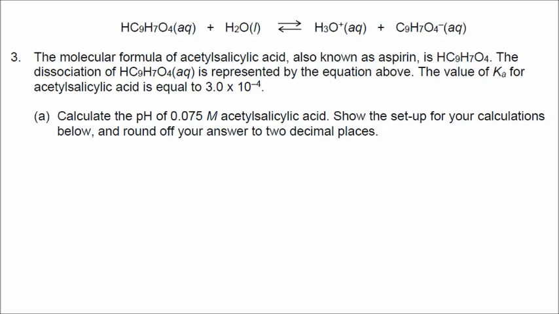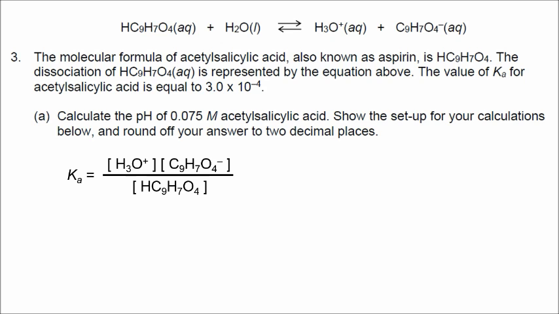Number 3, we have a weak acid, acetylsalicylic acid, also known as aspirin. We're given a Ka, and we have to find the pH of 0.075 molar acetylsalicylic acid. So let's set up our Ka expression. Let's put in X and X for the concentration of hydronium and the conjugate base.